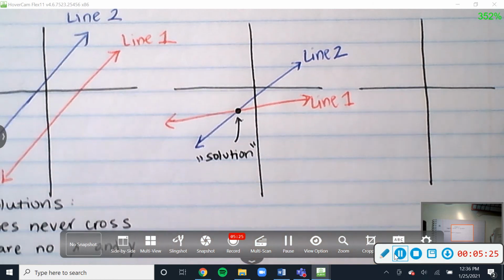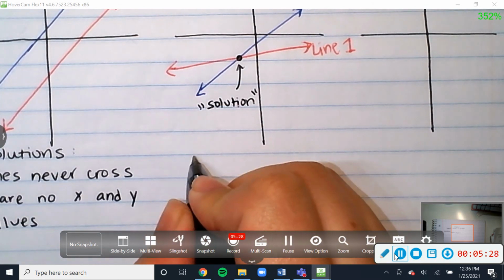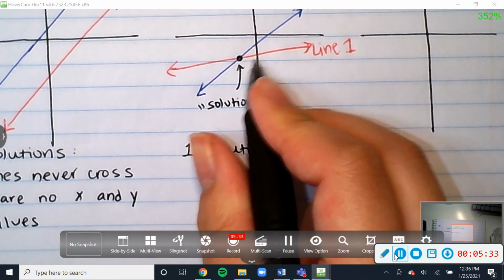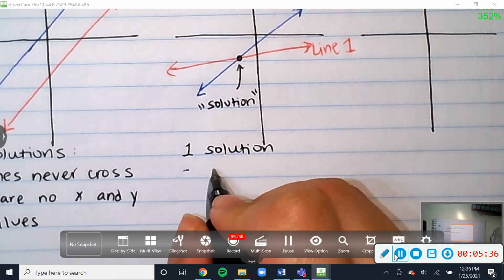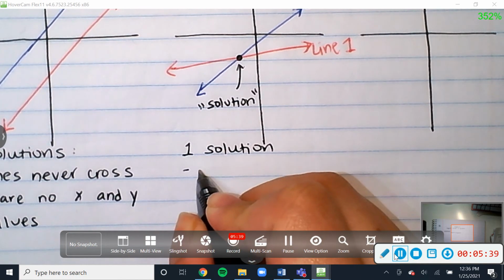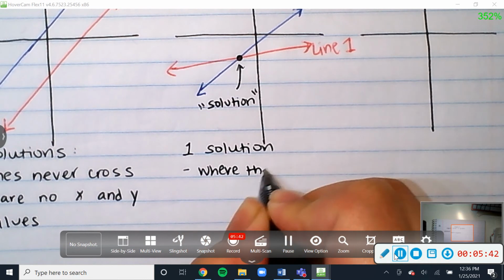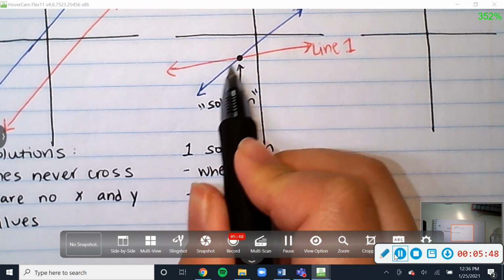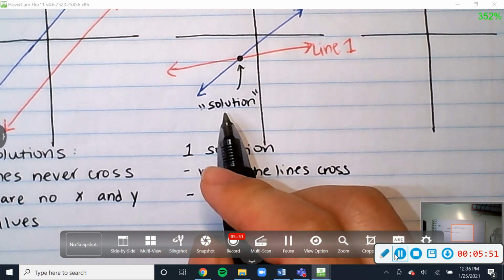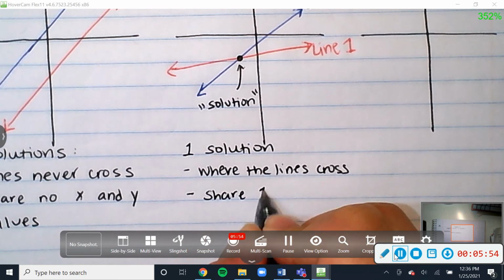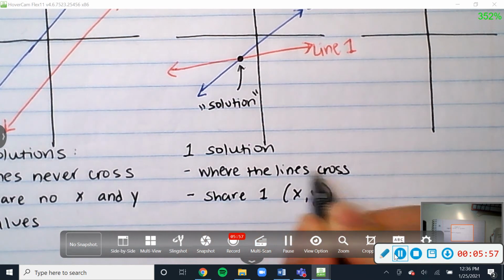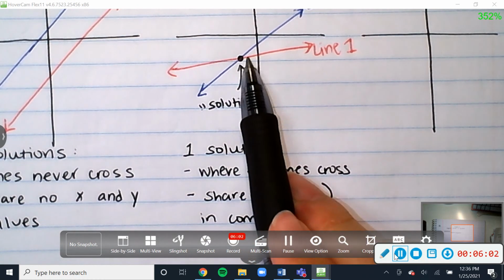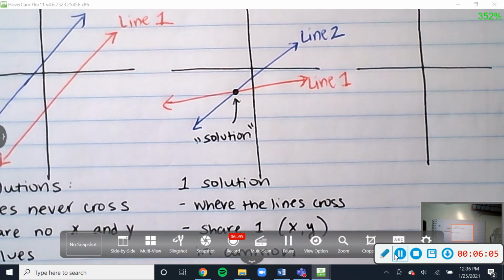So they're sharing an x and y value. So in this case, we would have one solution, because there's only one spot where they share this point. You can think about this as where the lines cross. Where they cross is that x and y value they share in common. So they share one xy coordinate in common, and so we would have a solution right here for these two lines.